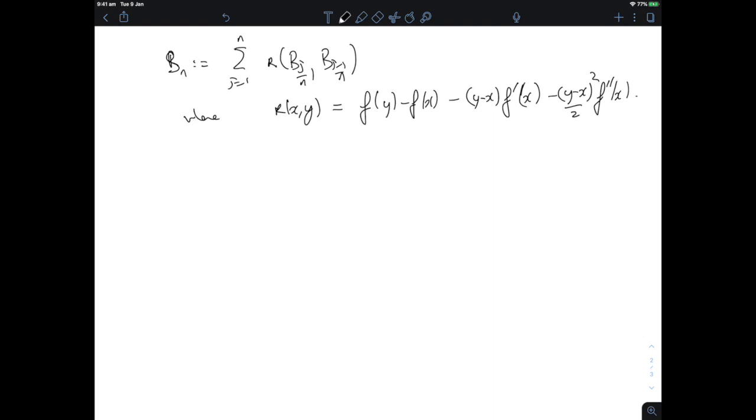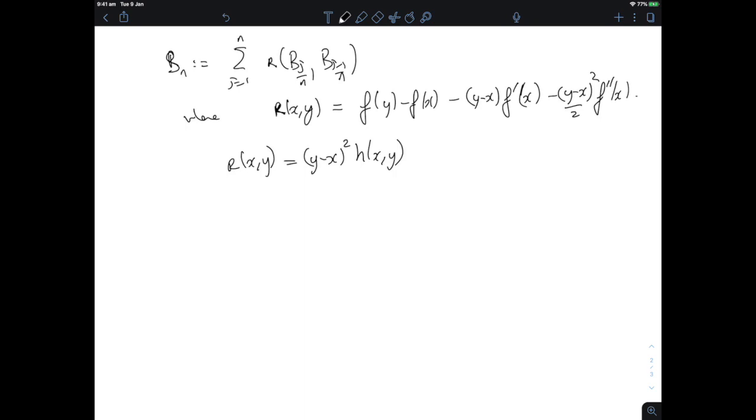So this is a compactly supported, uniformly continuous function in x and y. So what we have is that r(x,y) is equal to (y − x)² times h(x,y). Right, that's the general theory of rest error terms in Taylor formula.